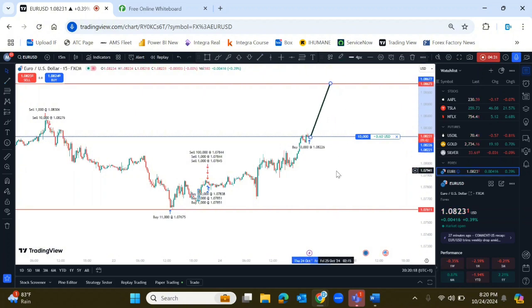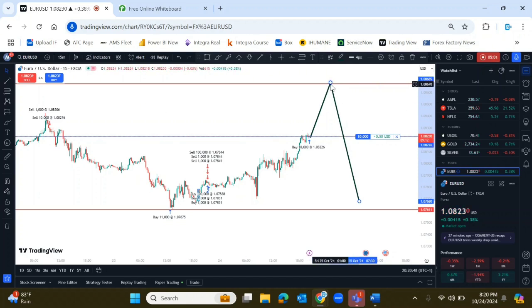Then, after moving to this point, if I anticipate that the market will start moving down and then reverse down, then I am going to be setting my limit order around this point. And what I will be setting is sell limit, because by the time it hits this point, it will be dropping down into the sell direction. So at this point, I will be putting my sell limit.